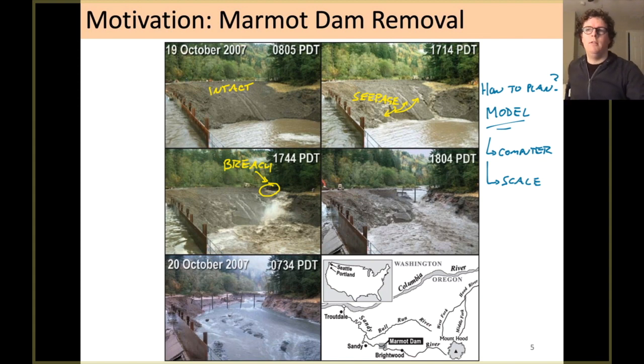So a scale model is used to replicate what will happen in the system and study it at a scale that's economically feasible to build and to test, so that you can make predictions about what will happen in the real world. And so that report from NCED and the video of the scale model being built was part of the planning process here for the Marmot Dam.